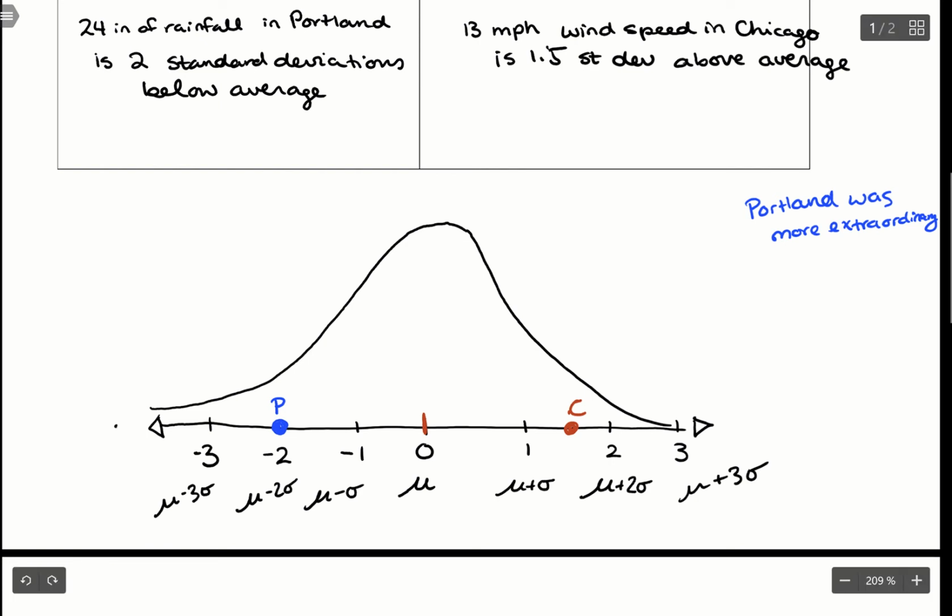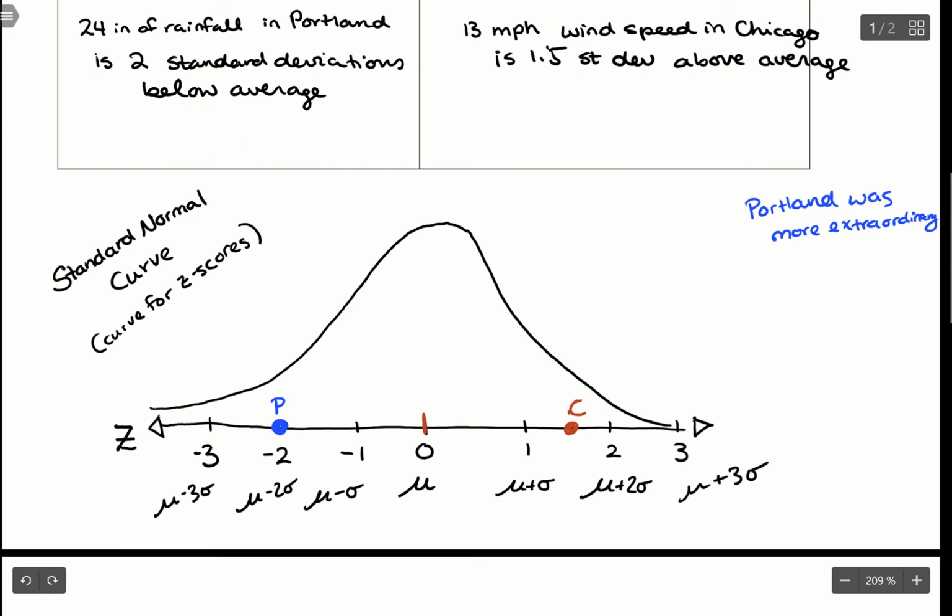So our number line here is for z, where z is -2, or z is 1.5, z is 0. And with that, we have a special name for this. This is called the standard normal curve. But it's basically a curve for z-scores.